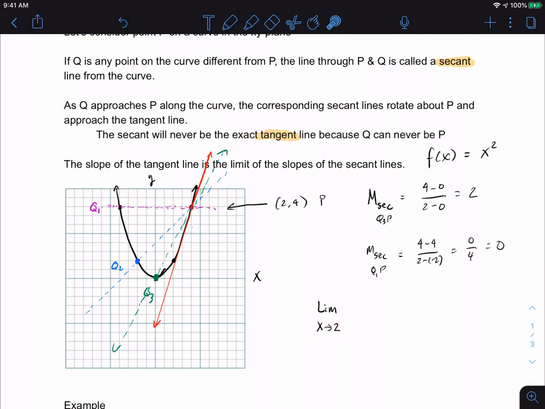So as we're coming from the left, we're going to 2. Now, in fact, it's telling us as we're coming from both sides, because there's no distinction of direction. As we're coming this way, we're approaching 2, and as we're coming this way, we're approaching 2. We'll delve into that in just a second.